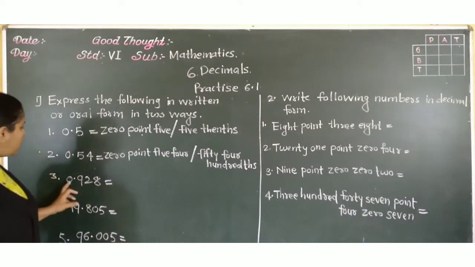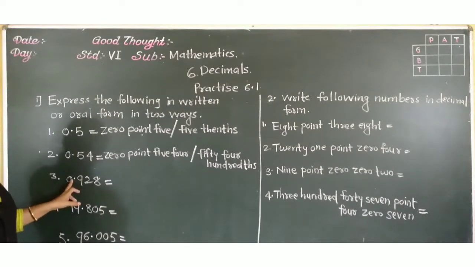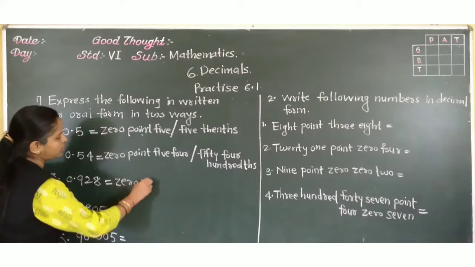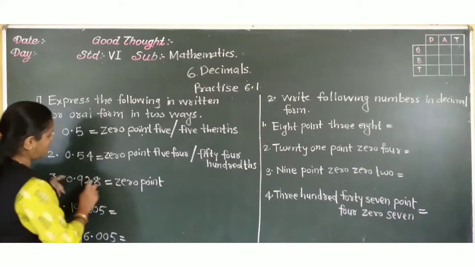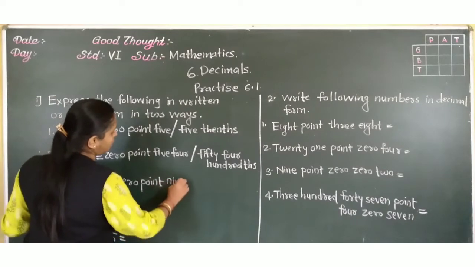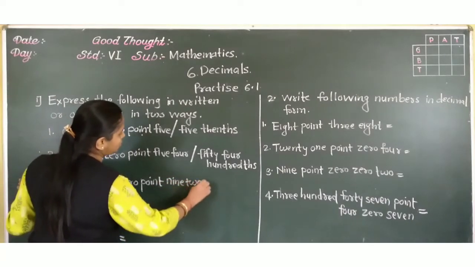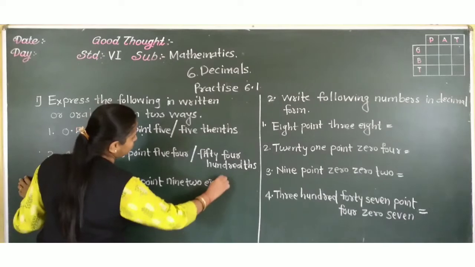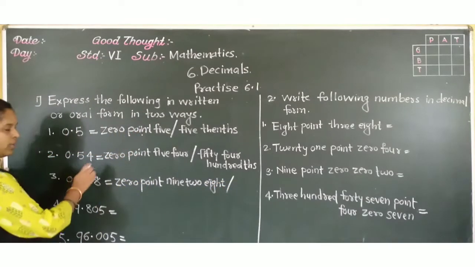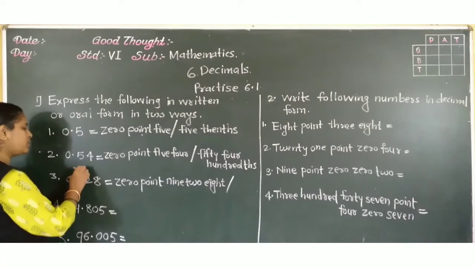Now next, third one. See here. How to write it? 0 point. Each digit separately we have to write. 9, 2, 8. Or 900 and now see here. This is at tenths place.